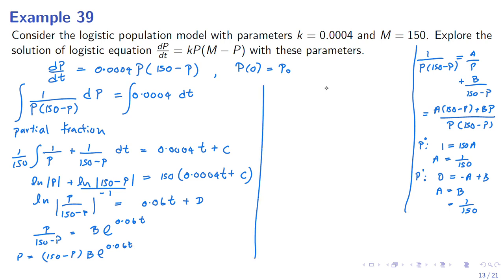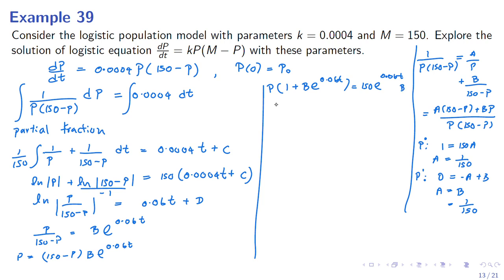Then we can collect all the p terms to the left hand side, so we'll get p times 1 plus beta e to the 0.06 t equals, then we'll only have the other terms, which is 150 e to the 0.06 t. Oh, and then we have beta as well.